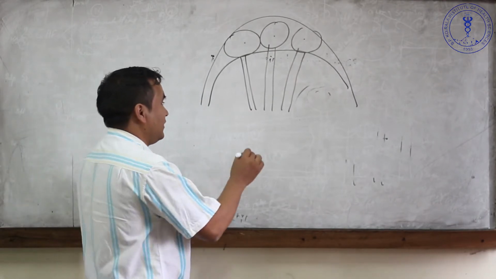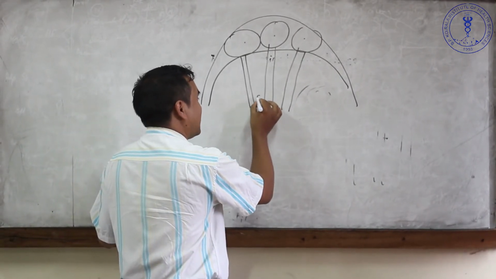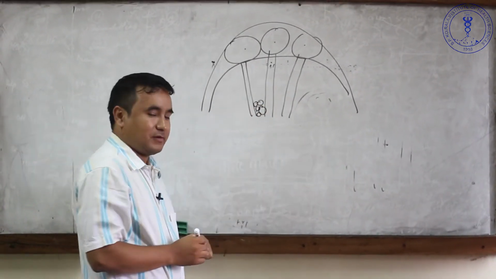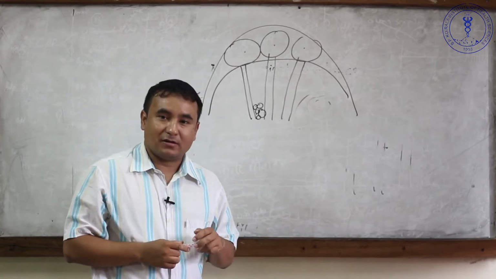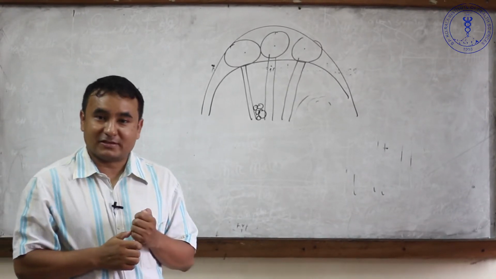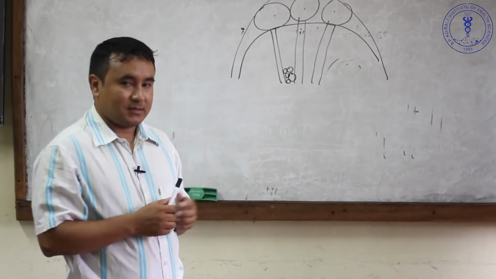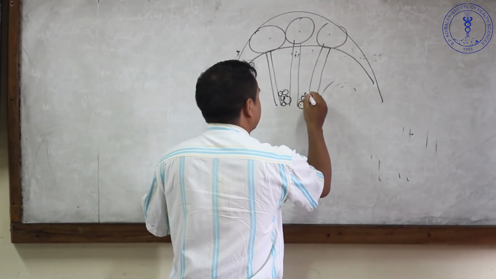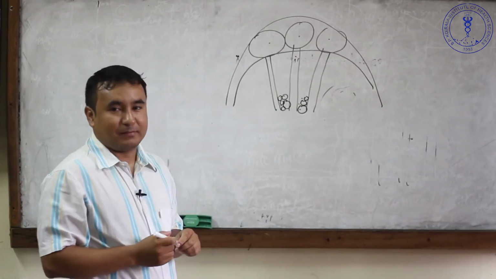Even within this white matter there is a collection of some cell bodies. These are called the basal nuclei or basal ganglia. Somewhere there can be a collection of cell bodies which is also called the thalamus.